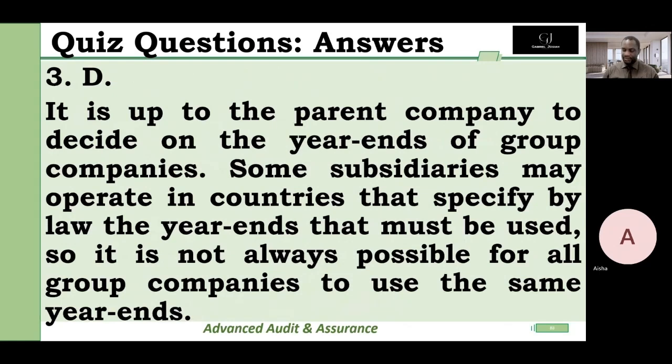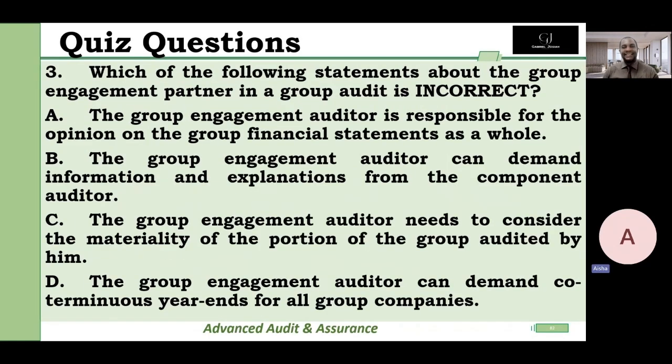Number 3 is D. You chose C. Okay, so which of the following statements about the group engagement partner in a group audit is incorrect? Option D is that the group engagement auditor can determine coterminous. Coterminous means extend the audit beyond year end.